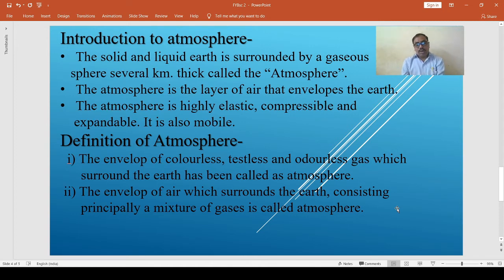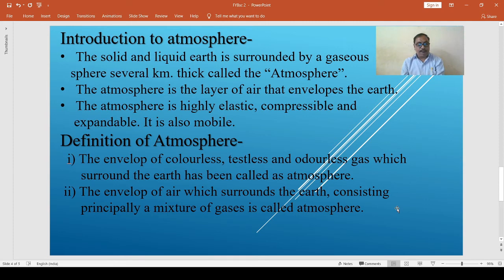To obtain knowledge regarding the vertical extension of atmosphere is very difficult, because there is no sharp boundary between the air and the extraterrestrial space. The atmosphere is encircling the globe, extending to an indefinite outer limit.